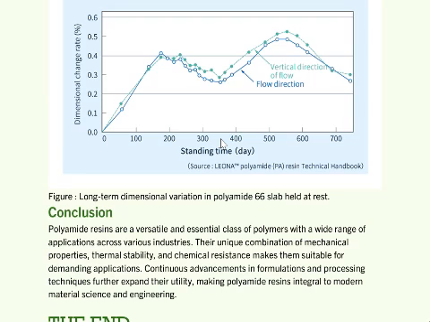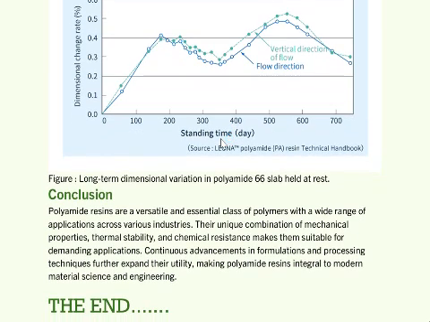Their lightweight nature, coupled with high strength and chemical resistance, has led to innovations such as lighter vehicles, stronger textiles, and more durable engineering components, revolutionizing product design and performance. Continuous advancements in formulation and processing techniques further expand their utility, making polyamide resins integral to modern material science and engineering. Thank you.